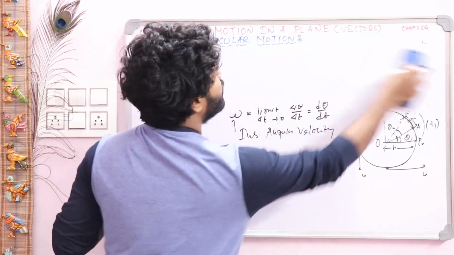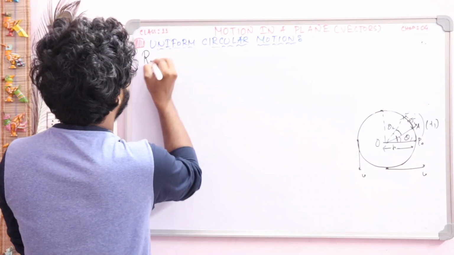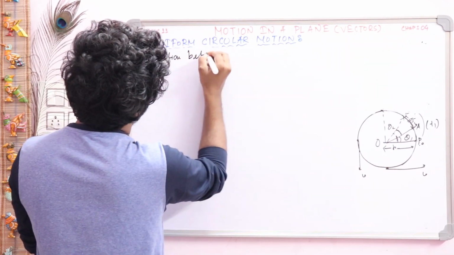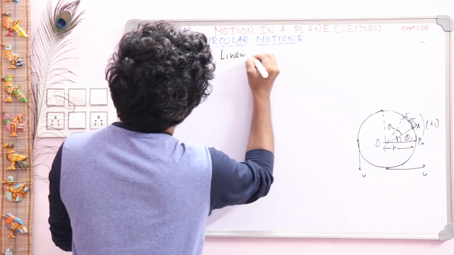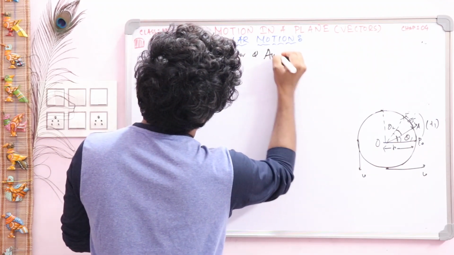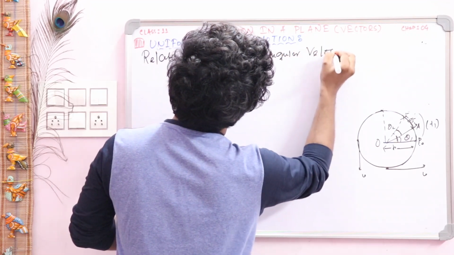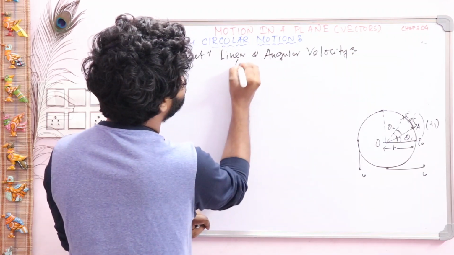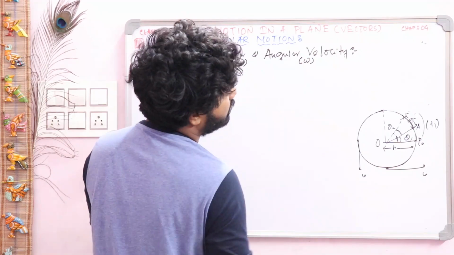Now write it down, the relation between linear and angular velocity. Linear velocity is denoted by symbol v, and angular velocity is denoted by symbol omega.